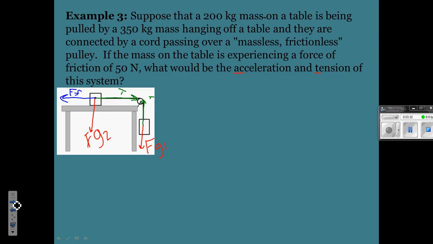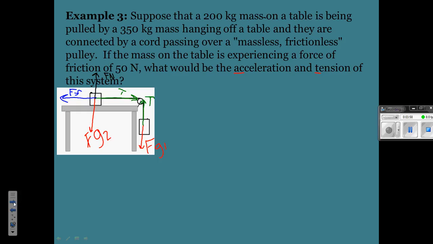And F of n comes back to the picture. Now notice F of n is on this box that's on the table, not on the box that is being pulled down, because that is tension. Okay? So there's our free body diagram.